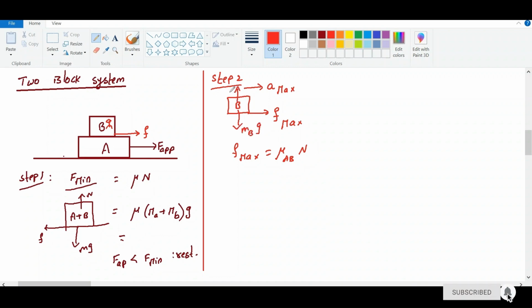So the maximum friction is mu into mass of B into g.